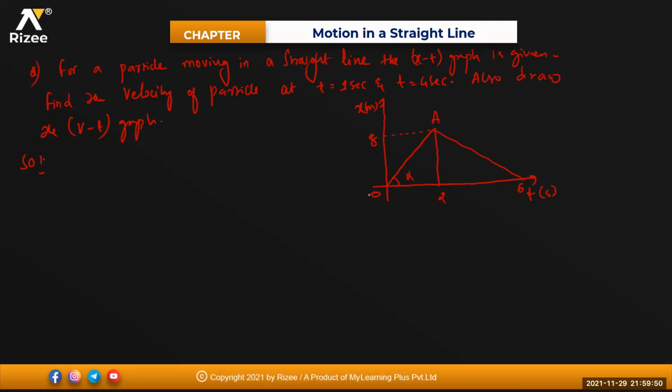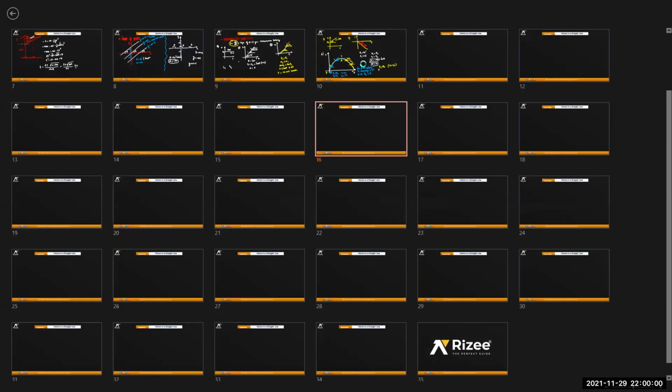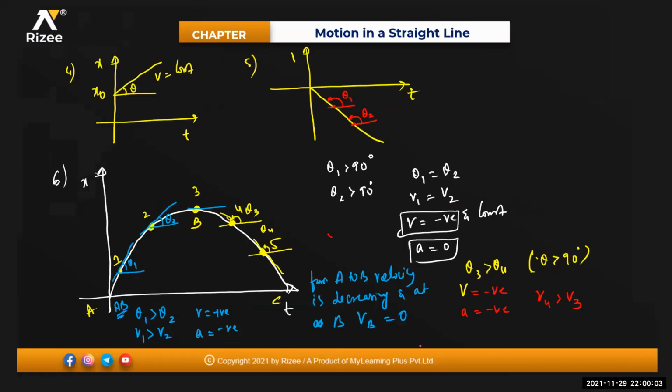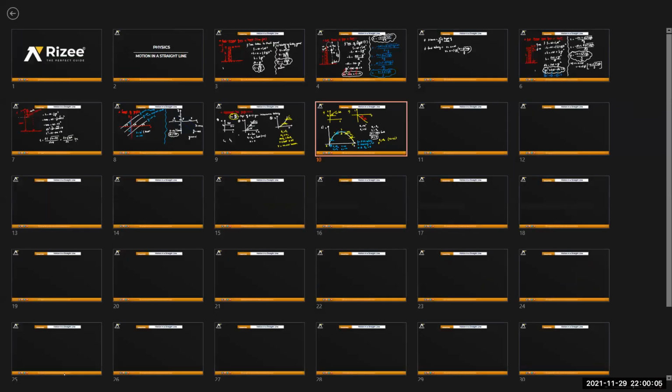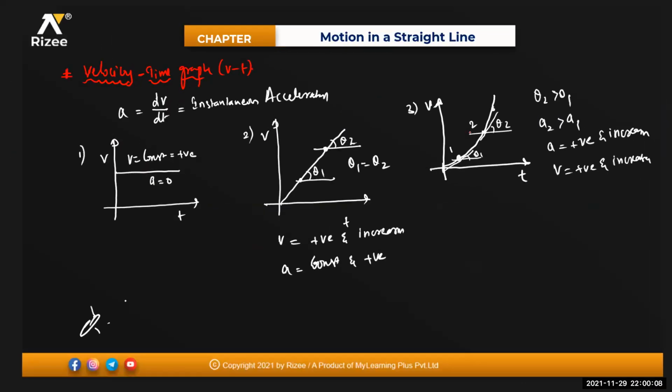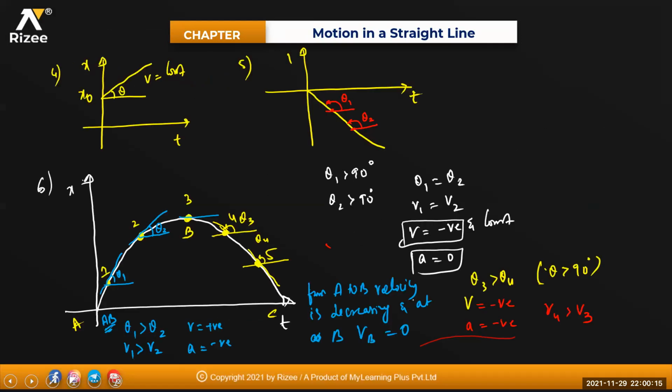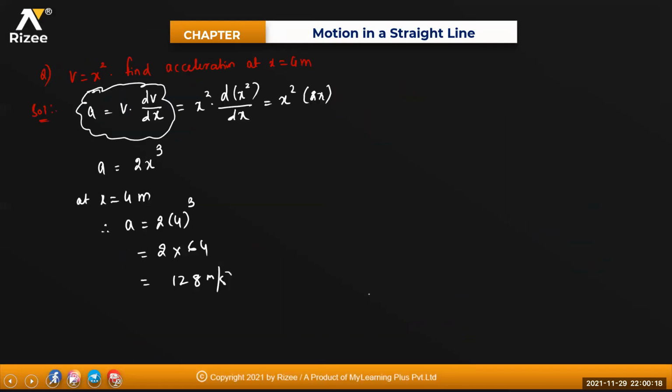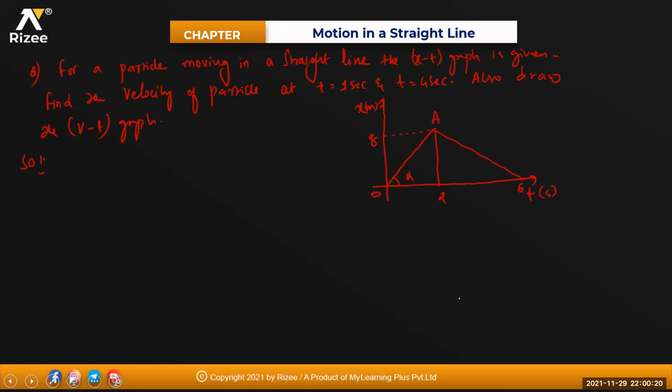Now read the question everyone better. For a particle moving in a straight line, the xt graph is given. Find the velocity of the particle at t is equal to 1 second. T is equal to 1 second means anywhere in between only.